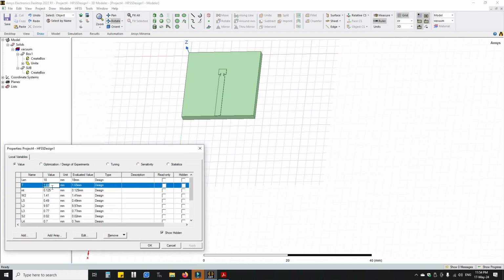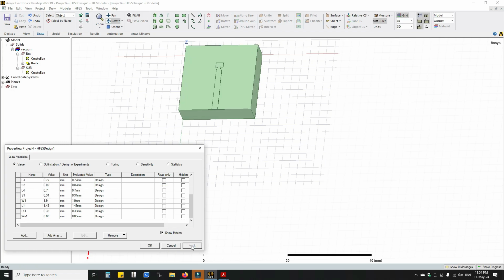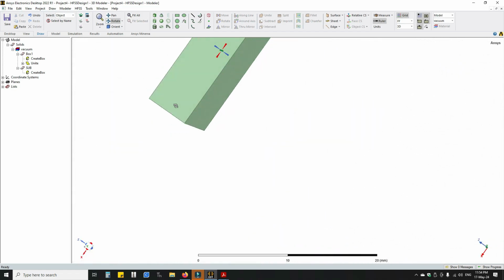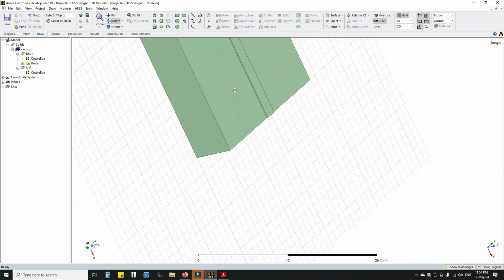I'm going to change the thickness from 1.6 to say 5 mm. You can see the entire structure, the thickness is changed but the remaining is not changed.